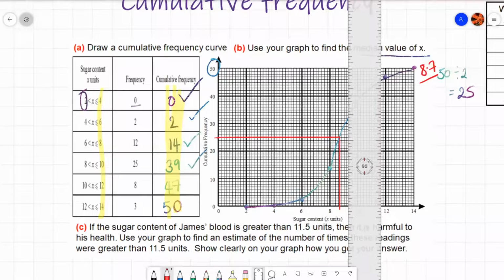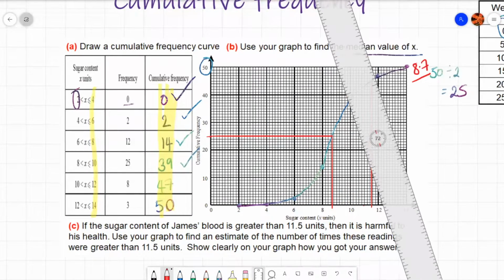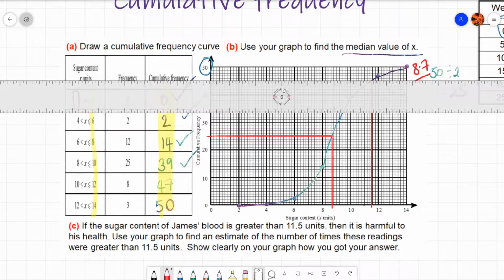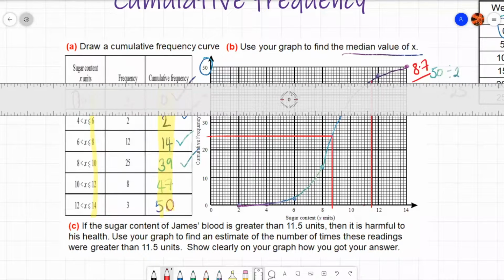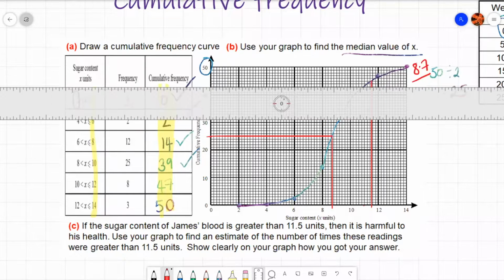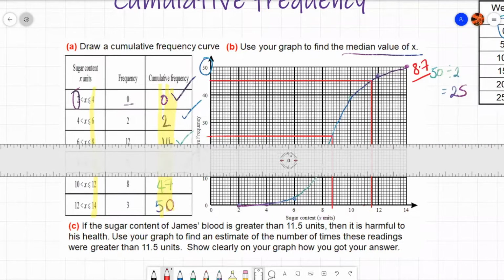And then again, get my ruler, turn it around. It can be quite tricky on the laptop. Okay, so that's bang on, 41, 42, 43, 45.